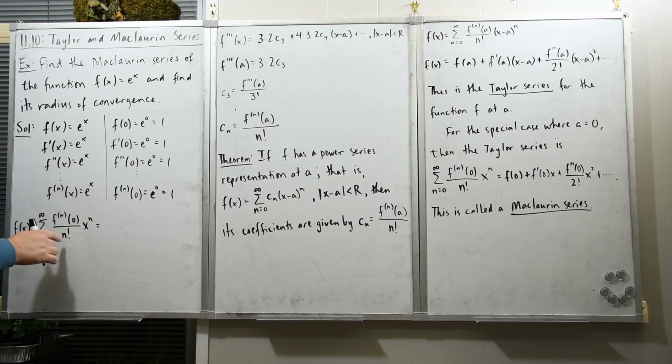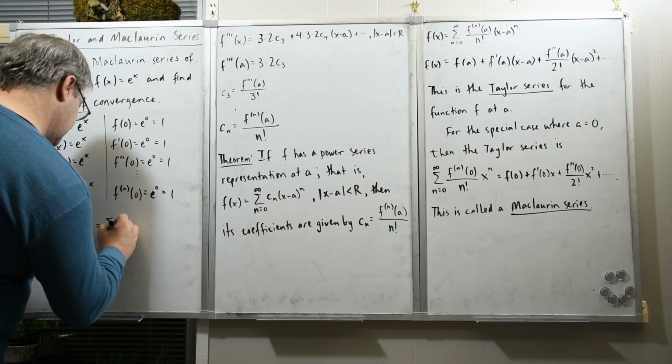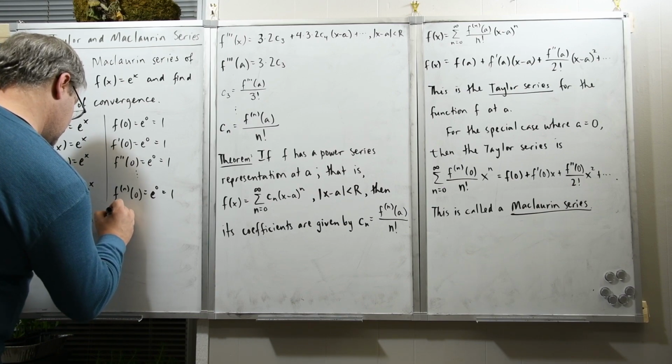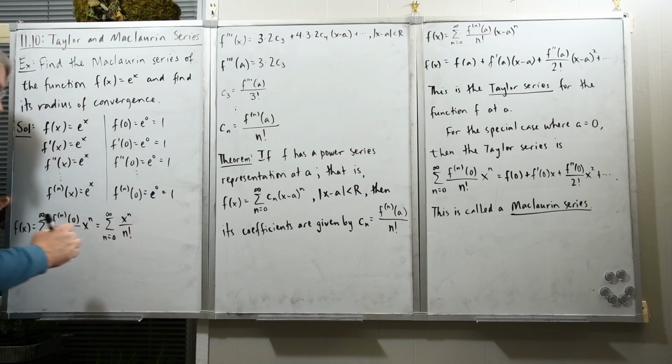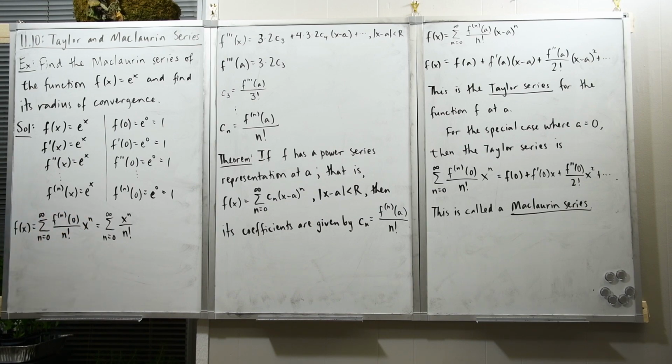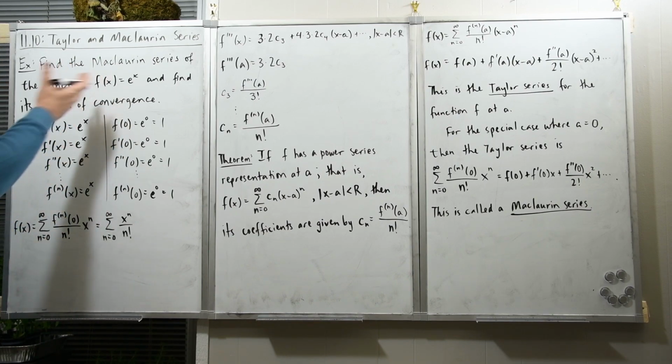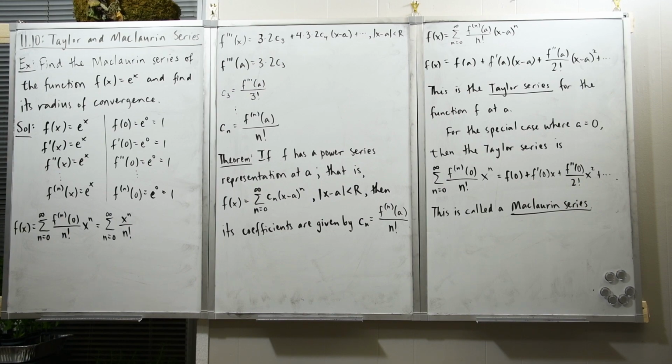So we're going to get 1 over n factorial times x to the n as our general term, or we could simply write it as x to the n over n factorial. So e to the x you can write as the summation n equals 0 to infinity, x to the n over n factorial. So that's our Maclaurin series for f of x equals e to the x.